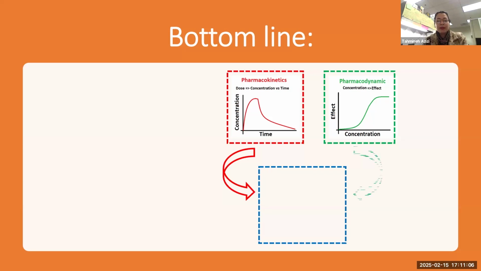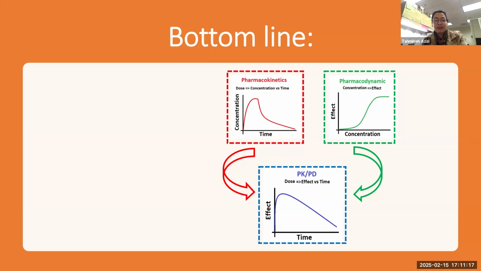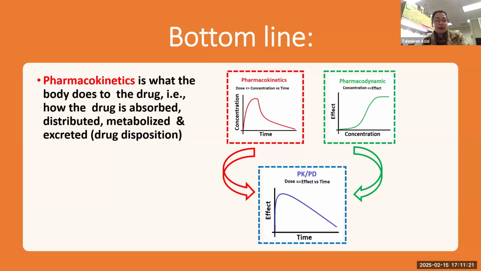We are going to combine them. Actually, we need both of them at the same time to get a PK/PD modeling approach, which simply studies the effect of a drug and how it changes over time. So for pharmacokinetic modeling, we are interested to see what the body does to the drug, and how the drug is absorbed, distributed, metabolized, excreted, or eliminated from different tissues, or from the body.